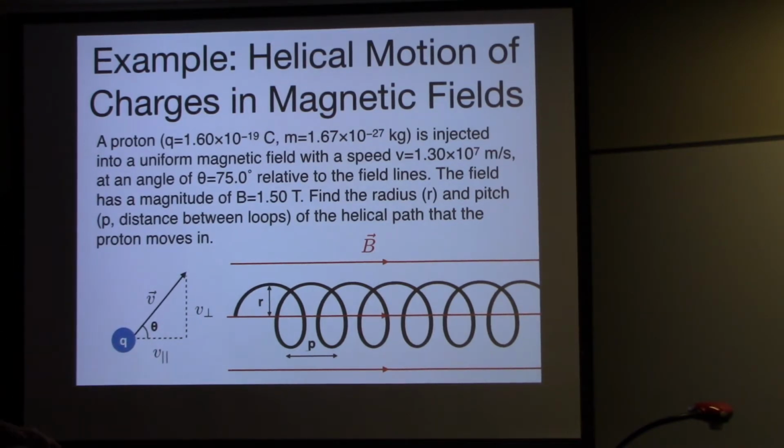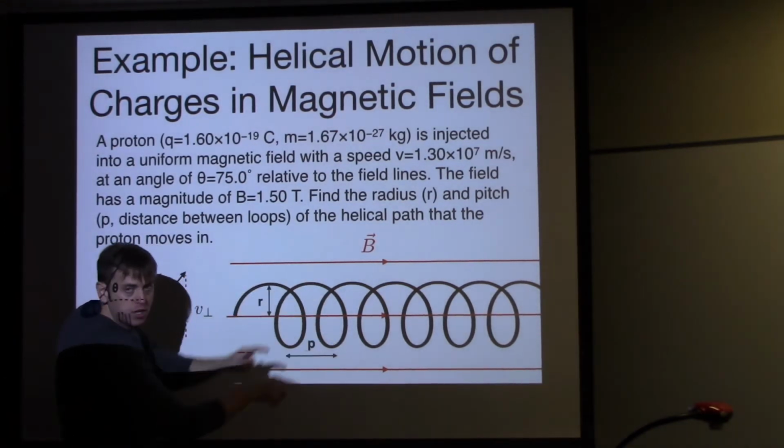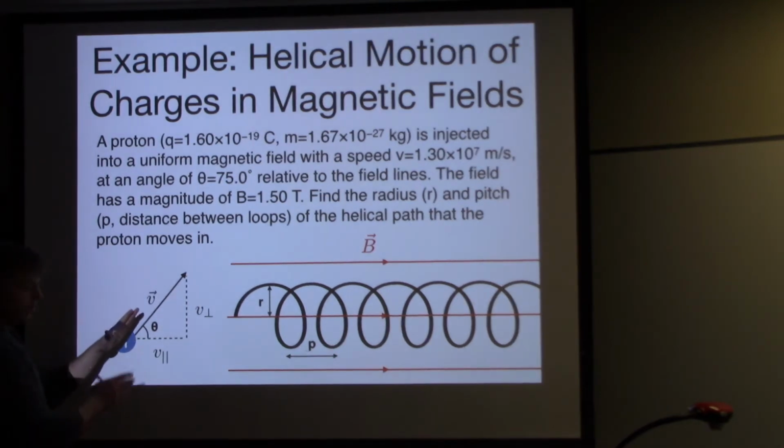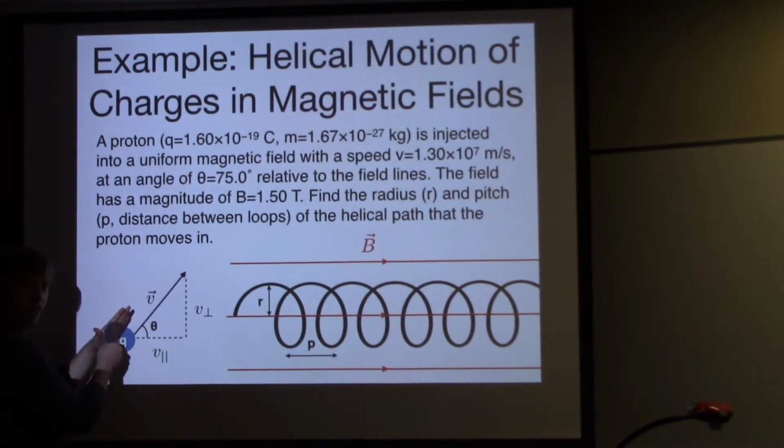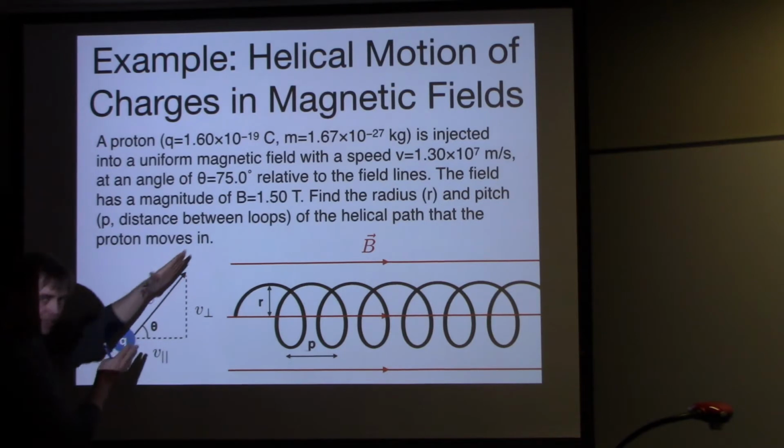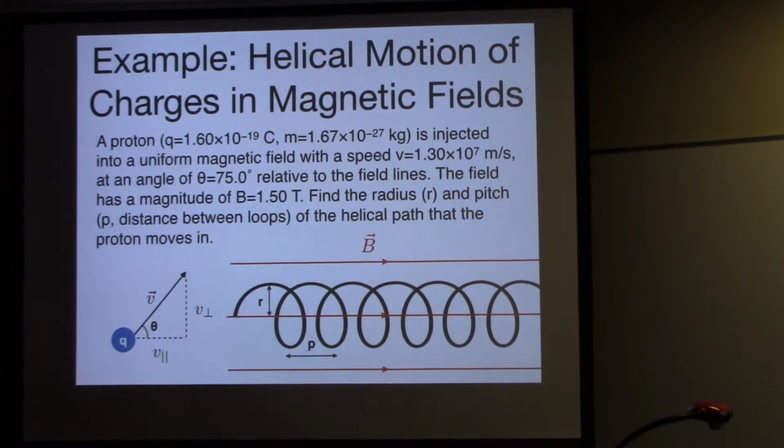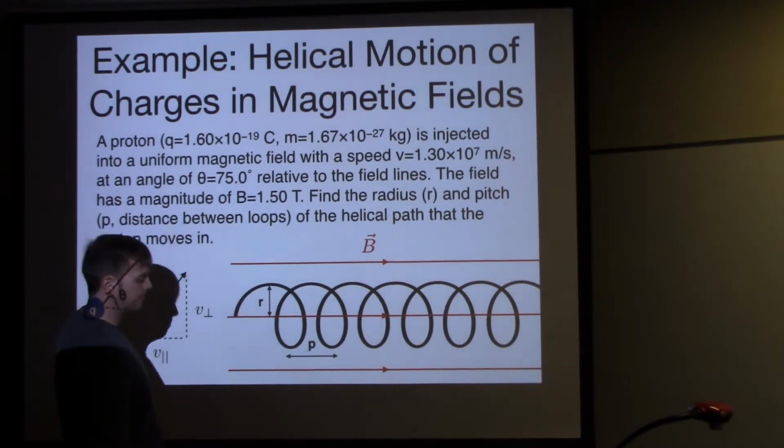In this case, my B field is going straight to the right. Imagine that when the proton enters the B field, it's moving like this at a 75-degree angle relative to the B field lines. The B field has a magnitude of 1.5 Tesla.